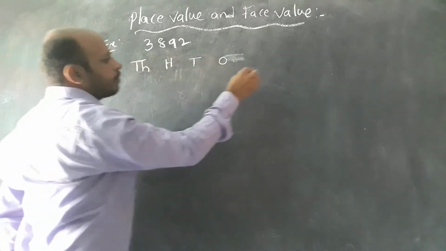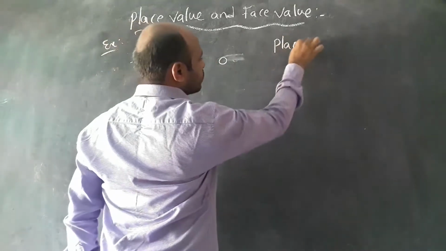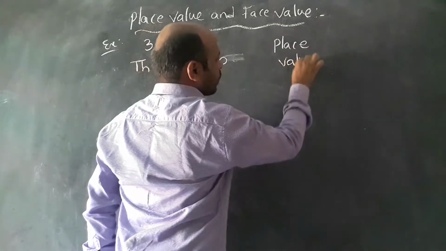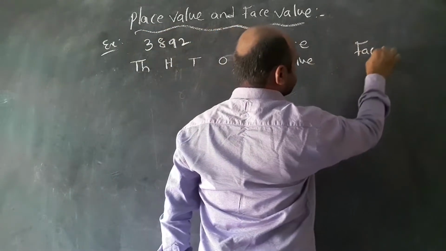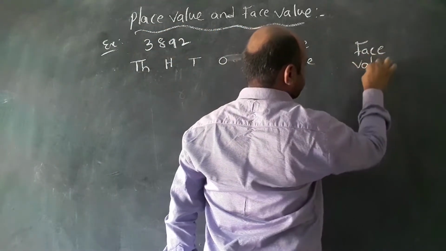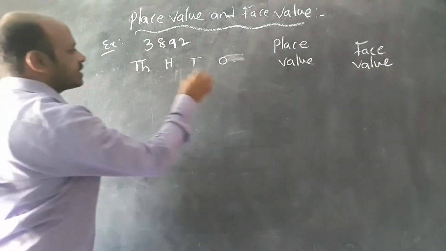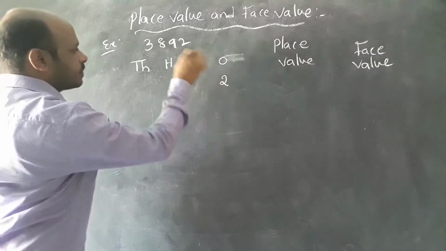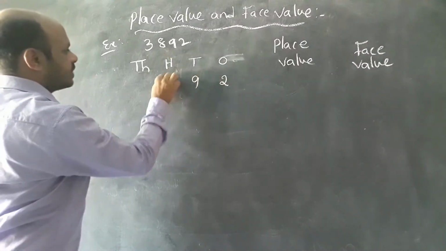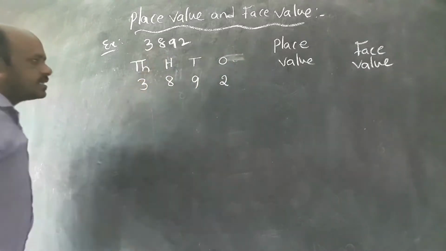See here, place value, face value. The ones place is 2, the tens place is 9, the hundreds place is 8, and the thousands place is 3.